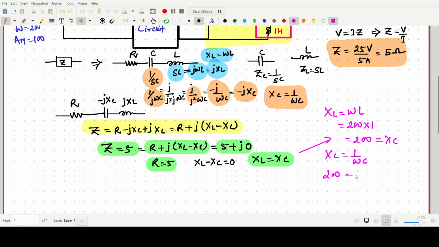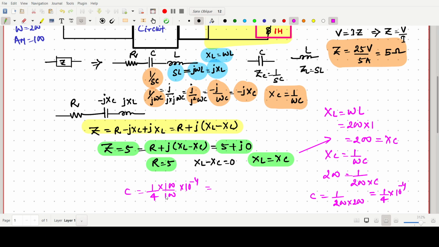Okay, so 1 by omega C, omega is also 200, into C. So C value will be 1 by 200 into 200, or one can write as 1 by 4 into 10 to power minus 4. Yes or no? So 1 by 4, what we are doing, we are multiplying with 100 on both sides, and 10 to power minus 4.